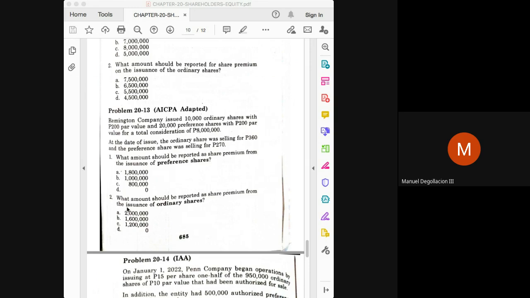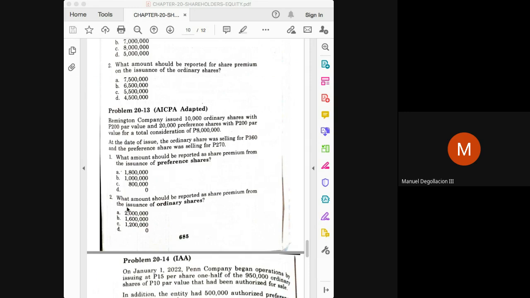Since you are issuing 20,000 preference shares, the valuation that should be given to them should take into account that there will be 20,000 preference shares, and on the other hand there would also be 10,000 ordinary shares.